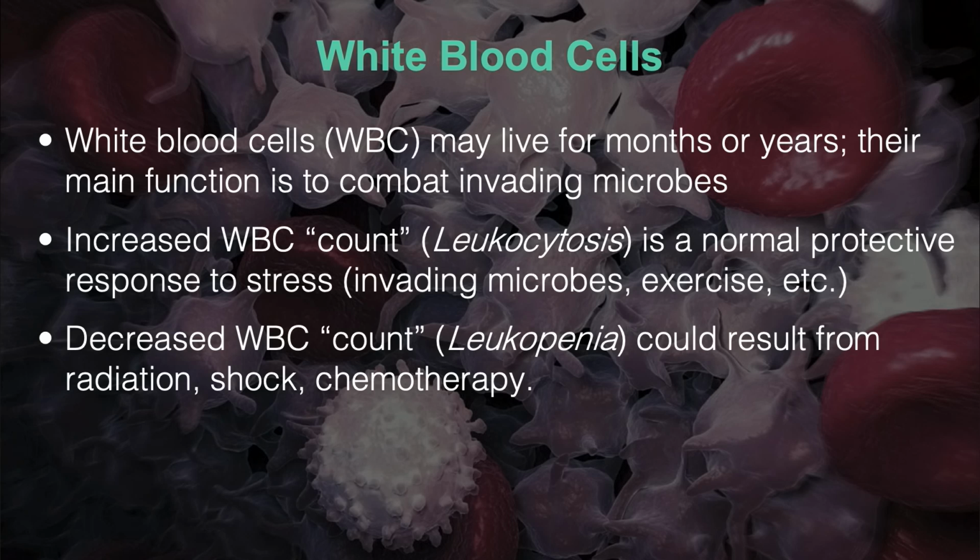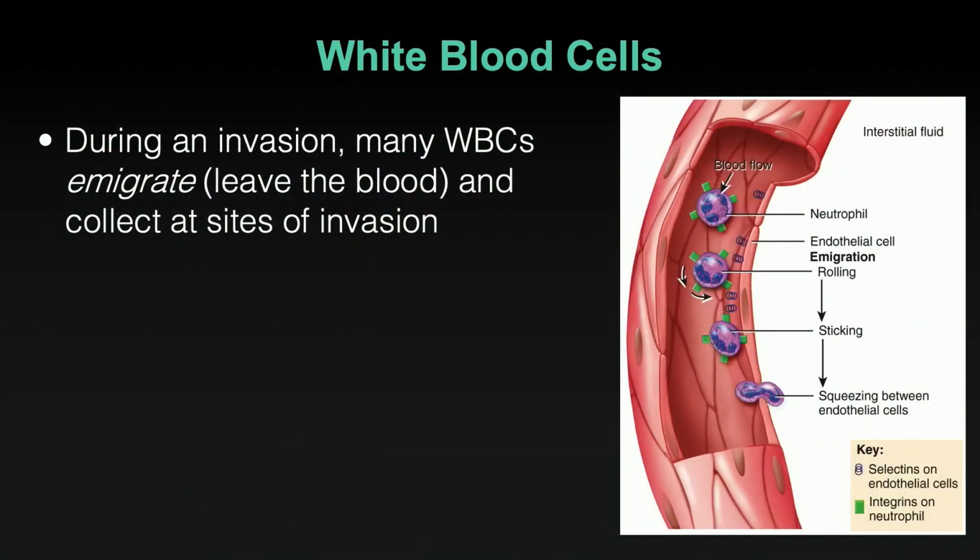Now, even though this is the lymphatic system section, white blood cells circulate freely in the blood. The lymphatic system houses and produces primarily lymphocytes, but other white blood cells too.